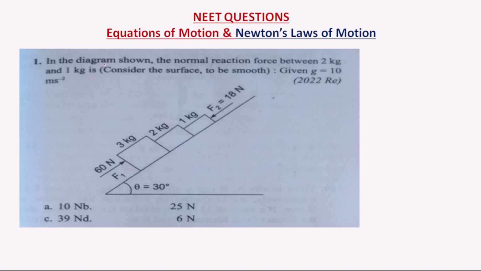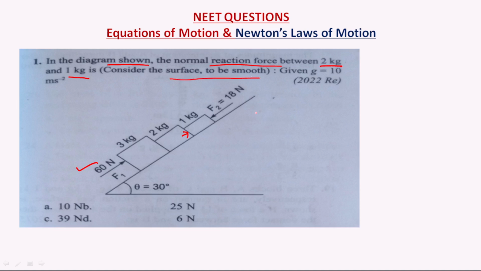It is given that in the diagram shown, we need to find the normal reaction force between 2 kg and 1 kg. Also it is given that the surface is smooth.